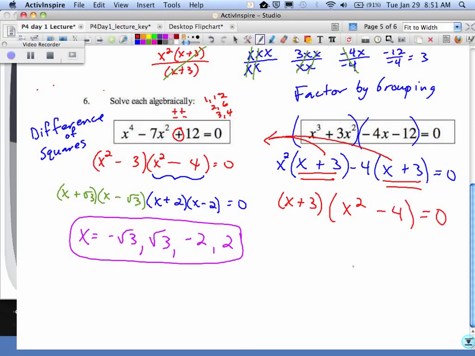So you have all those factors, you set each factor equal to 0, and I get -3, 2, -2. If you plug those numbers into the original function, it'll make it 0.